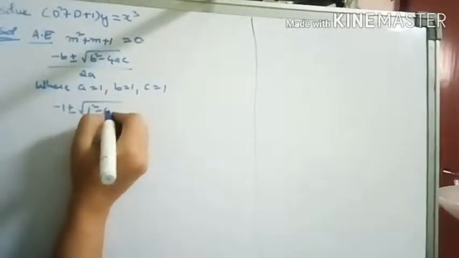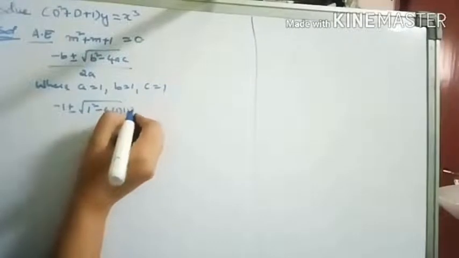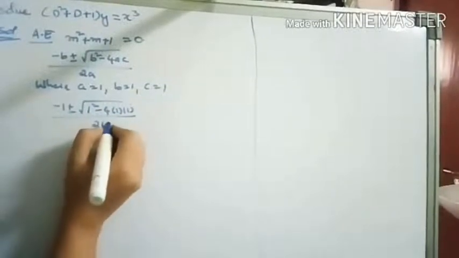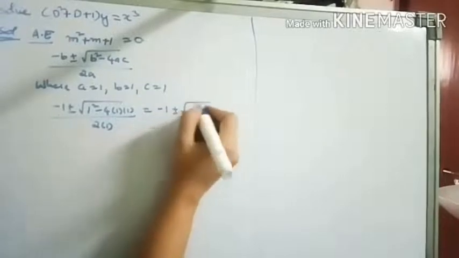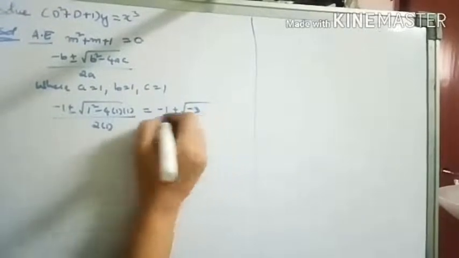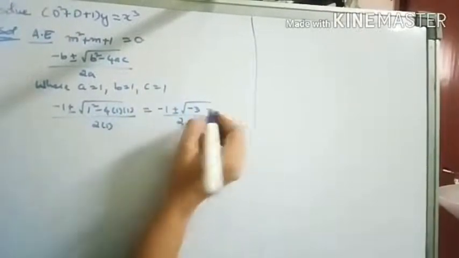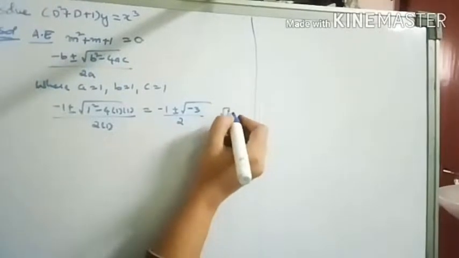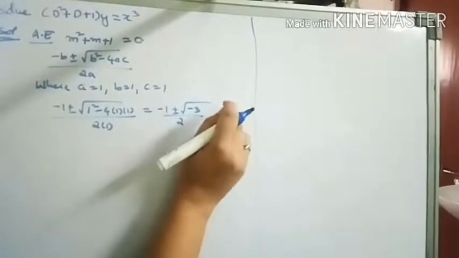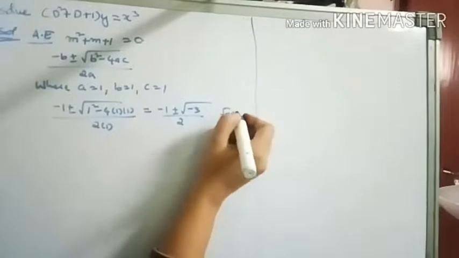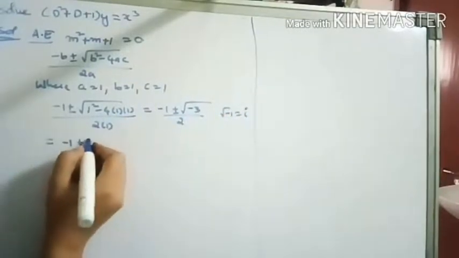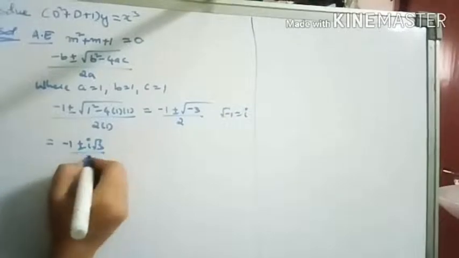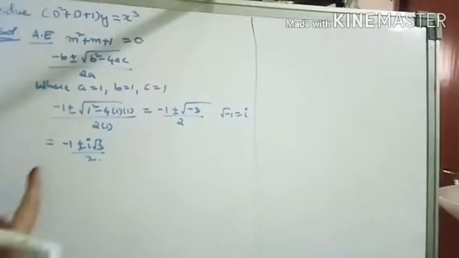Minus 1 plus or minus under root of 1 square minus 4 of 1 into 1 divided by 2 of 1, it equals minus 1 plus or minus under root of minus 3 divided by 2, where under root of minus 1 is equal to i, so minus 1 plus or minus i root 3 by 2. So the roots are complex roots.